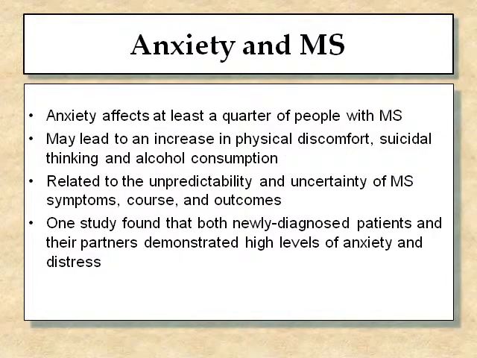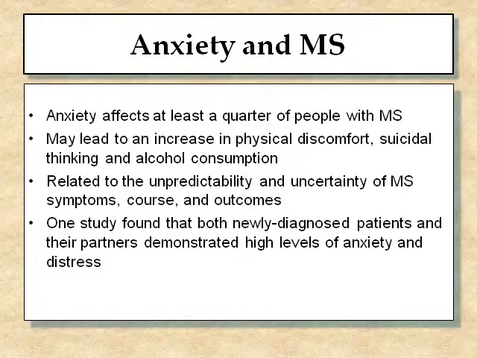What about anxiety and MS? Well, anxiety affects at least a quarter of the people who are living with MS. And why? Because MS is an unpredictable and uncertain disease. The symptoms, the course, the outcome are often all a question, and it creates anxiety.